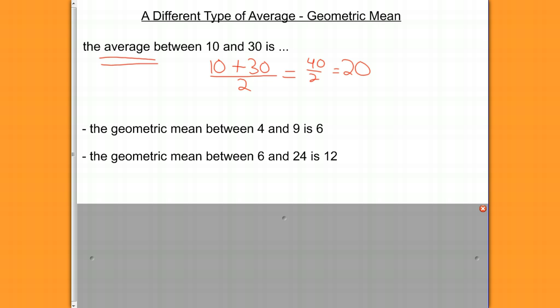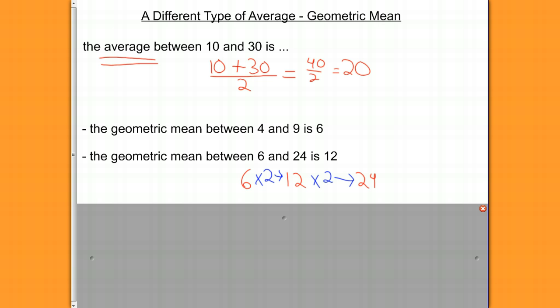To go from 6 to 12 to 24, you're multiplying by 2. 6 times 2 gives us 12. 12 times 2 gives us the 24. So the geometric mean is actually a common multiplier. What are you multiplying by to go from the first number to that geometric mean and then to the last number?